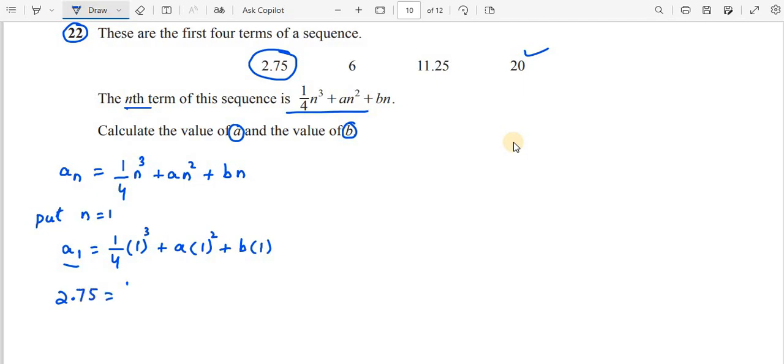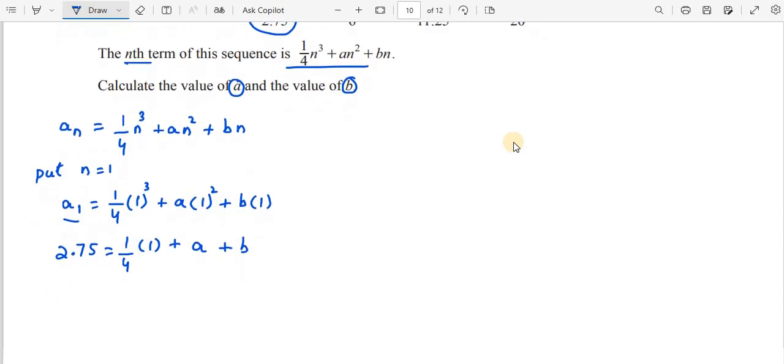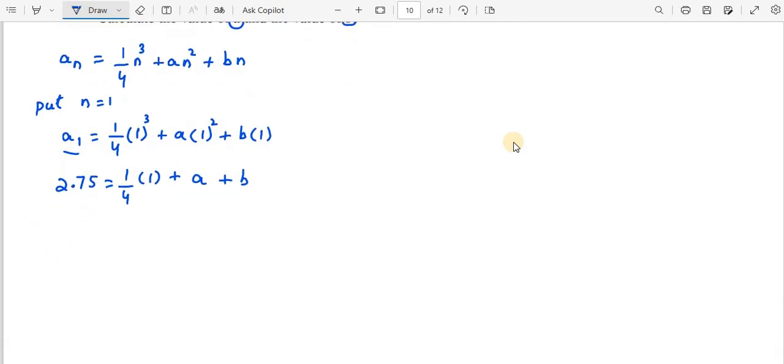2.75 is equal to 1 by 4, n raised to the power 3, which is equal to 1 plus a plus b. So if we divide 1 by 4, 1 by 4 is equal to 0.25, so 2.75 is equal to 0.25 plus a plus b.